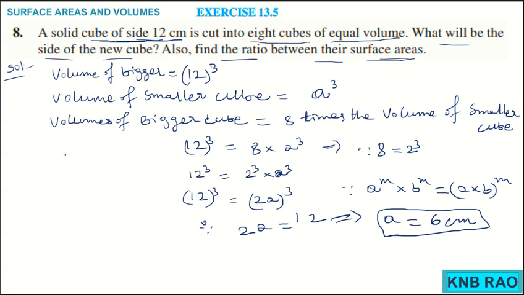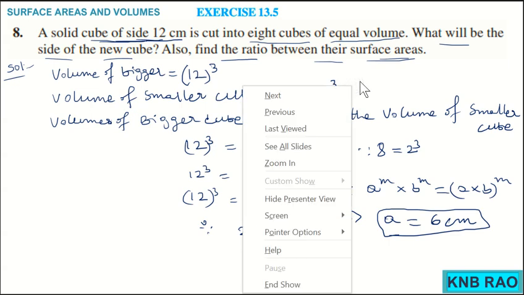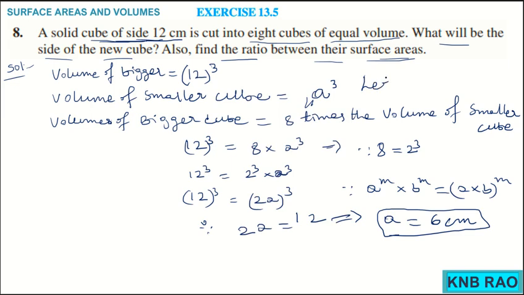Now, assuming that a is the edge of a smaller cube, with that assumption we got this. Now moving on to the ratio of surface areas.